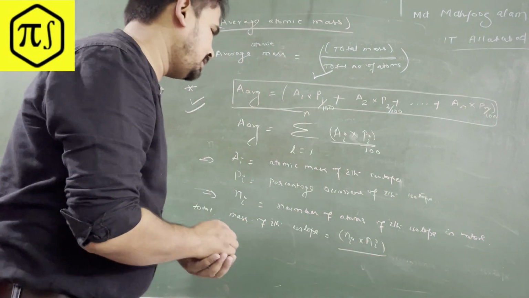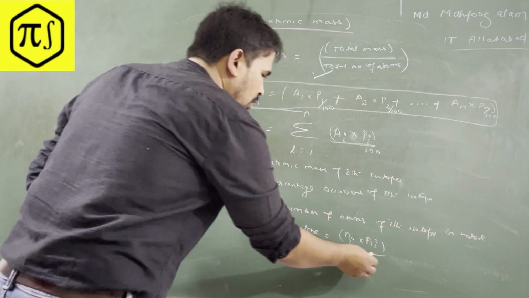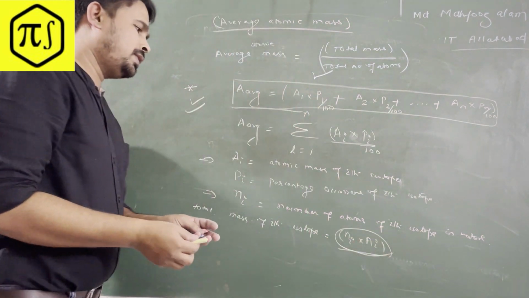So Ni into Ai. Okay, now this you got for the individual isotope.